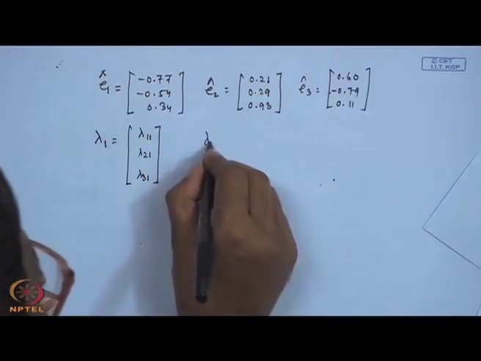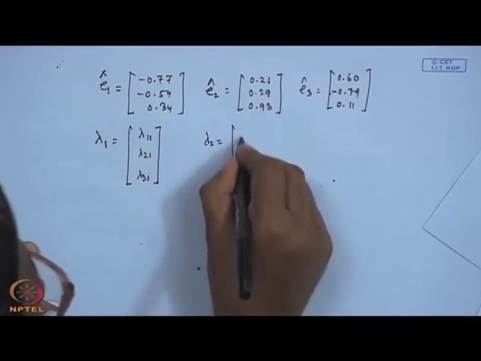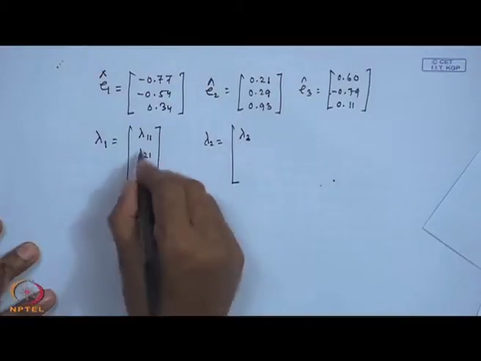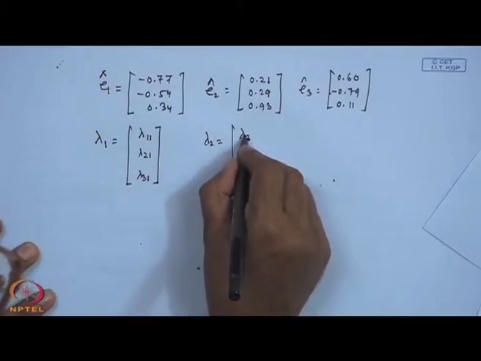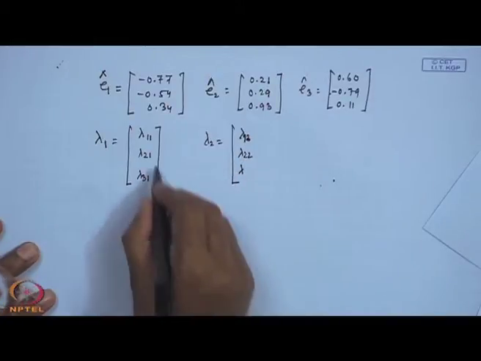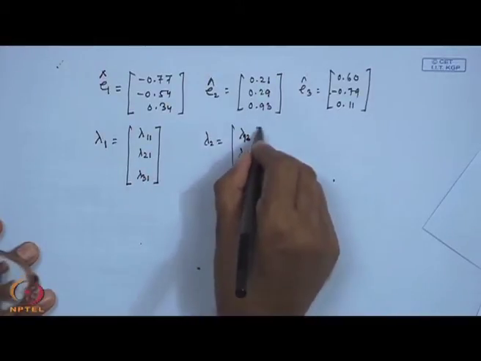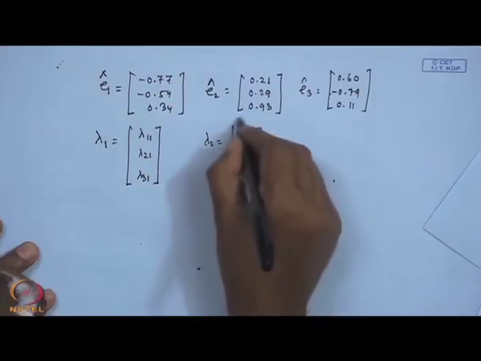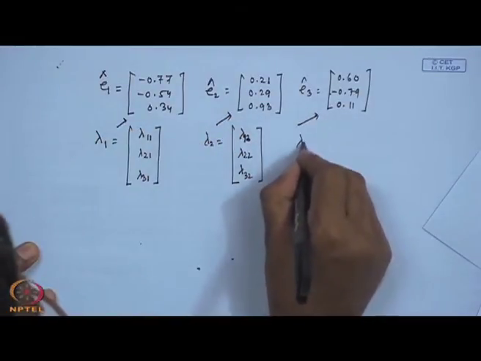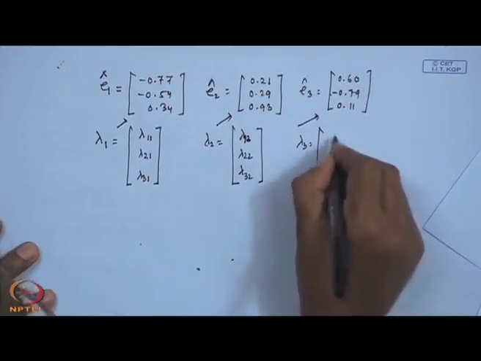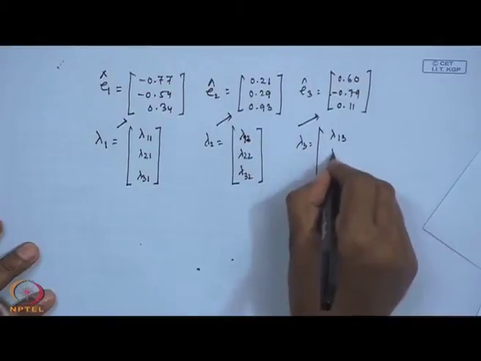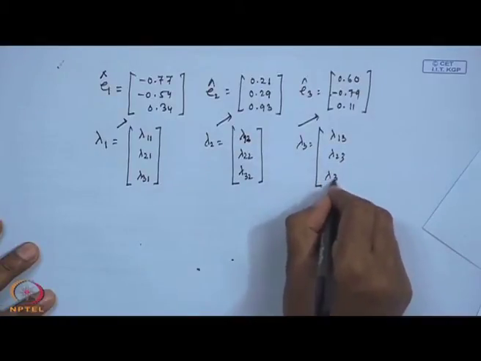Similarly, you can find lambda 2, which will be lambda 1 2, lambda 2 2, lambda 3 2. Using this, lambda 3 will be lambda 1 3, lambda 2 3, lambda 3 3.